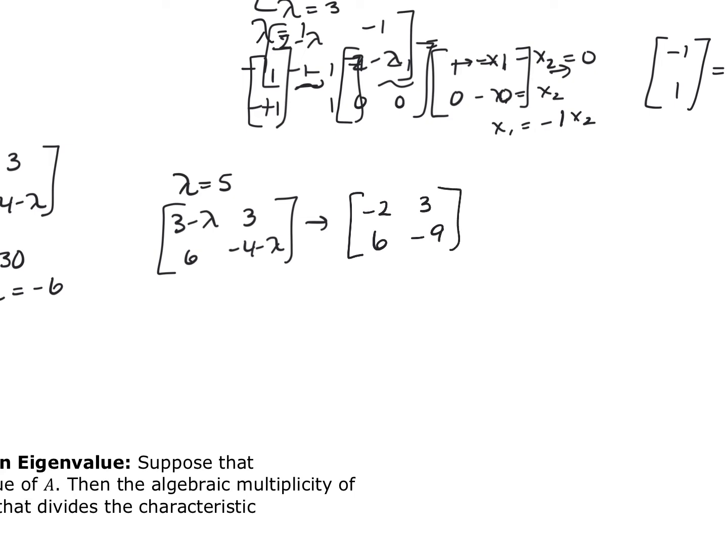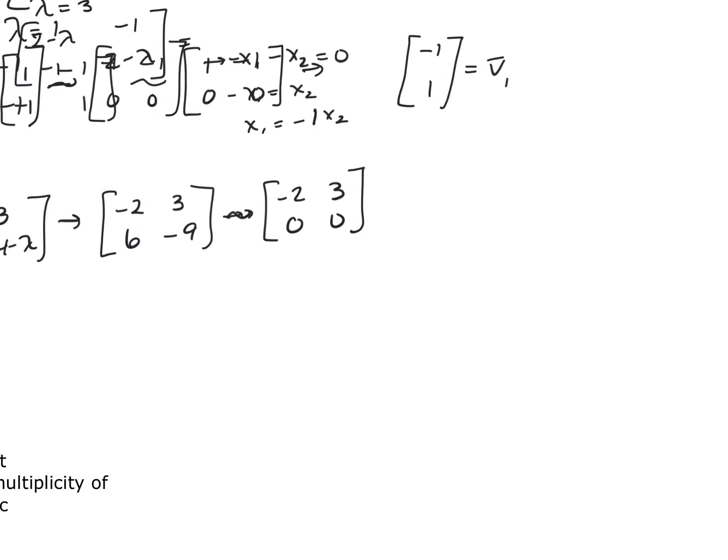Now you can see that one row is a multiple of the other row. If I multiply the top row by 3 and add it to the second row, I'm going to have a row echelon equivalent form of negative 2, 3, 0, and 0. So this tells me that negative 2x sub 1 plus 3x sub 2 is equal to 0.